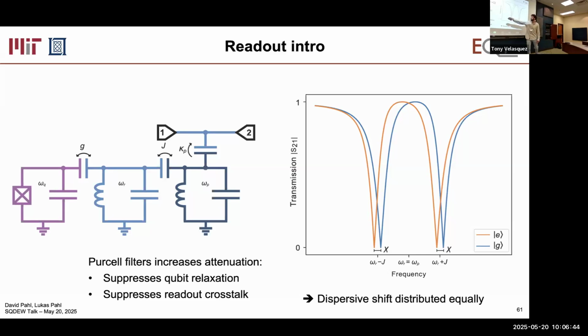Your qubit doesn't really see one mode and then another. It sees two modes that it's coupled to equally. Imagine there are two coupling paths, and it's coupled to them equally. This causes both of these modes to shift by chi, and you're just using one for readout, so it's very wasteful. There's a lot of chi here that you're not using for your readout. In the other, weakly hybridized regime, all the chi is on one mode, so you can be a little more economical with your chi. Those are the most important differences for sure.